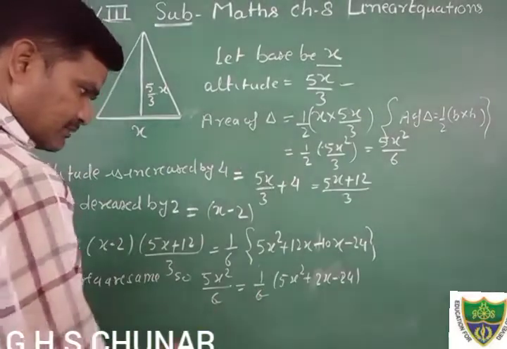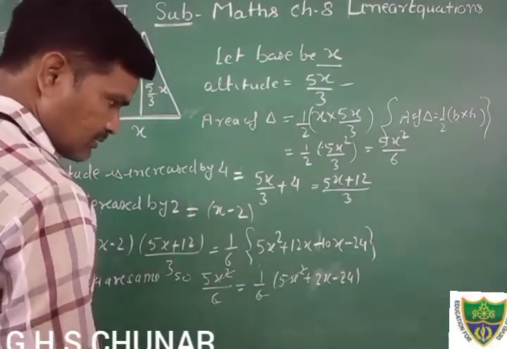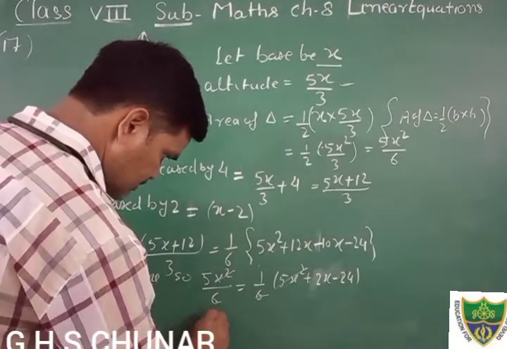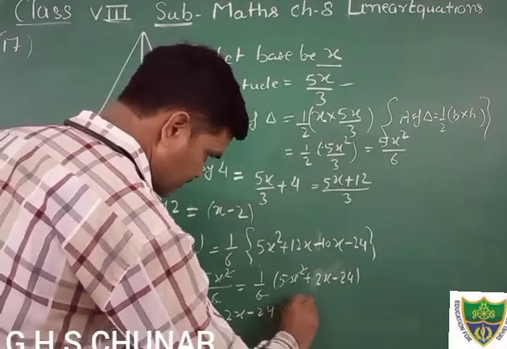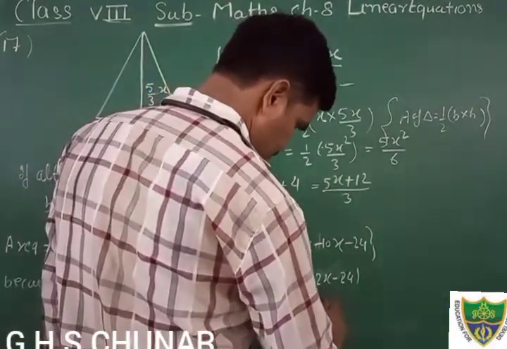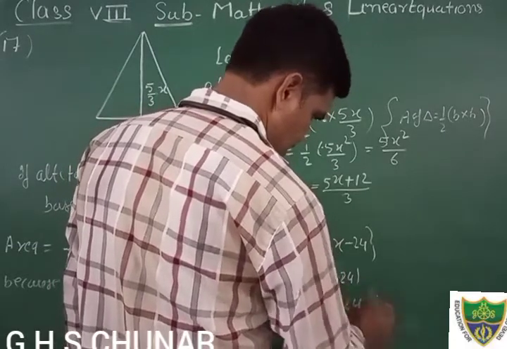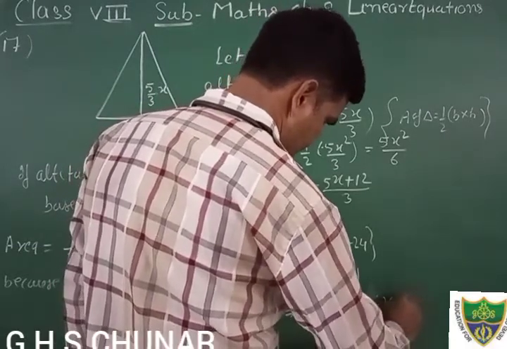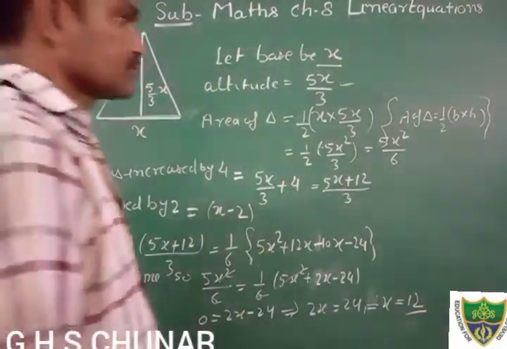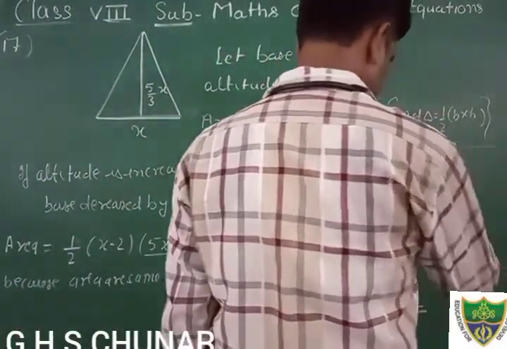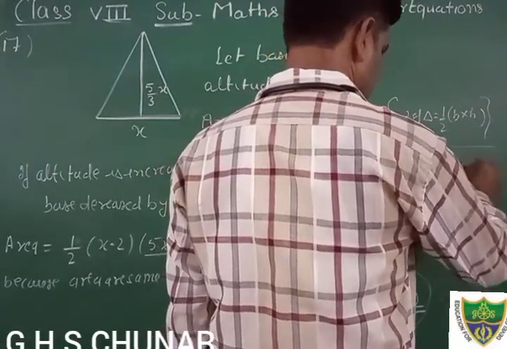Here 6 is cancelled by 6, 5x² is cancelled by 5x². Now 0 is equal to 2x minus 24. This implies 2x is equal to 24. X is equal to 12.